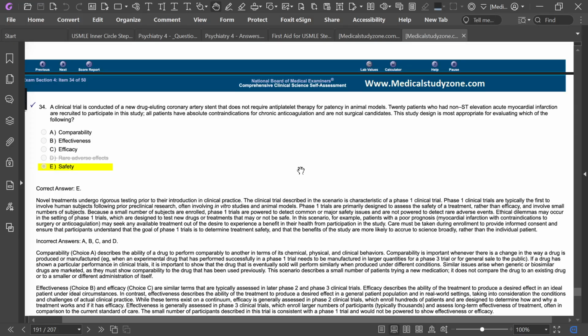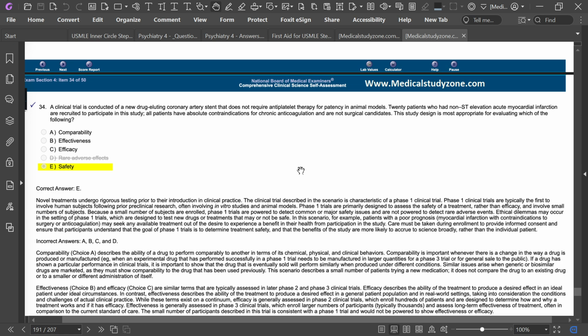In this scenario, for example, patients with a poor prognosis, myocardial infarction with contraindication to surgery or anticoagulation, may seek any available treatment out of the desire to experience a benefit in their participation in the study.